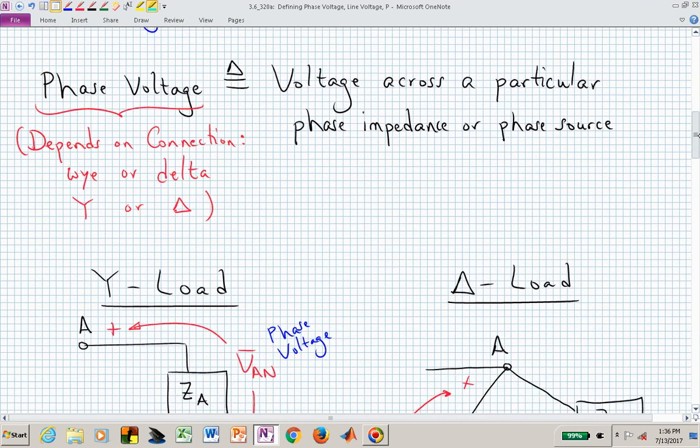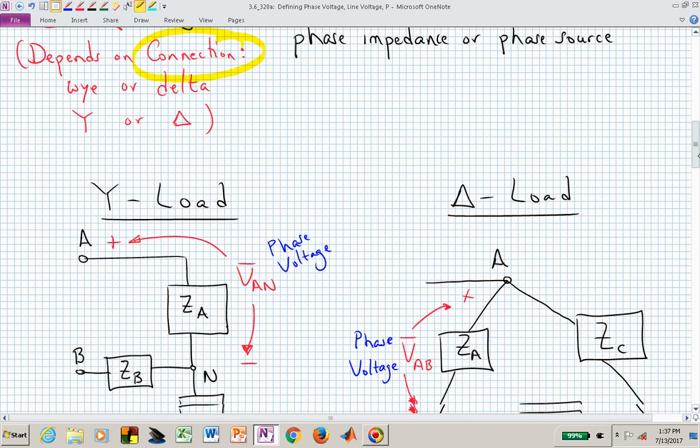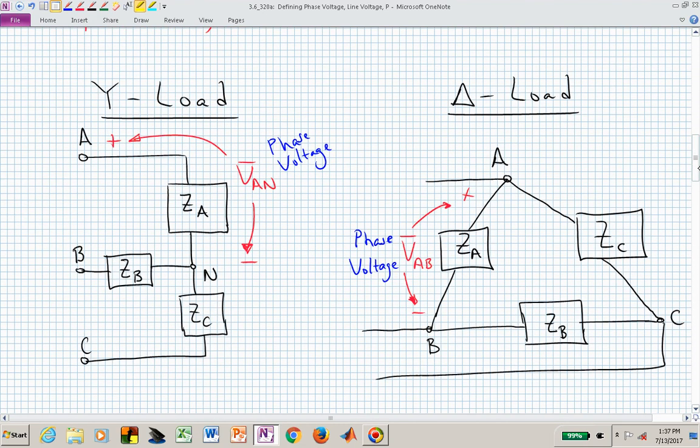Let's start with phase voltage. And as I said before, anytime you hear phase, then you need to worry about the connection. The phase voltage is defined to be the voltage across a particular phase impedance, or if we're dealing with a source, the phase of that particular source. Let's look at the difference between a Y-connected load and a delta-connected load.